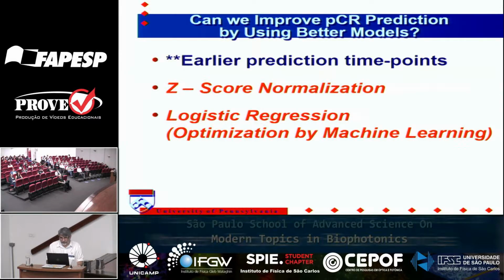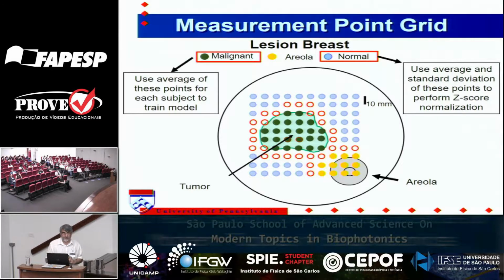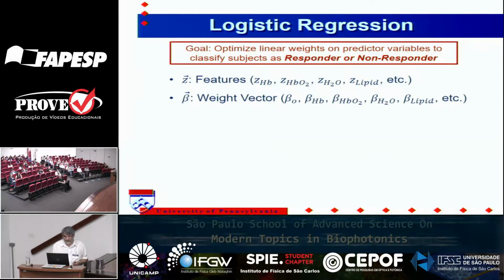And so we did. Now, you've seen this already, because I organized my talk so it would look the same. But basically, the only difference is that instead of looking for a malignancy parameter, we're just looking for a responder or not responder. But we make the same measurements of oxy and deoxyhemoglobin and water and lipid.